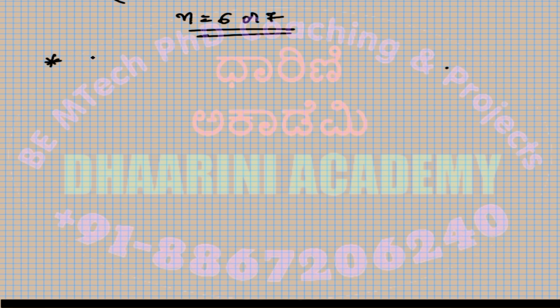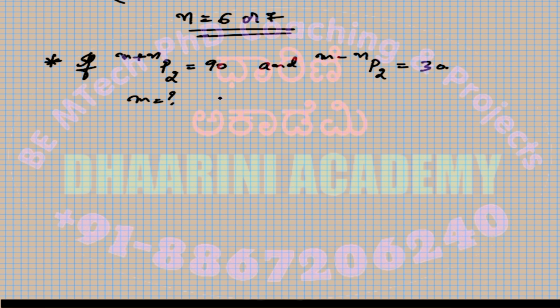Next question. If m plus n P2 equals 90 and m minus n P2 equals 30, find the values of m and n.